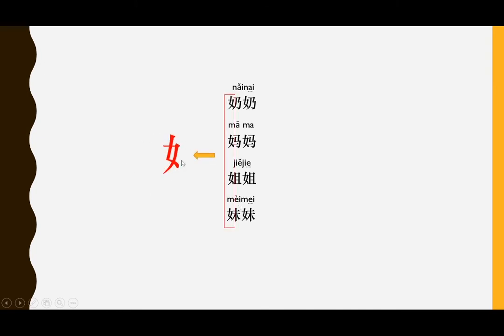Yes, which means female. That means all of them are female. And 姐姐 and 妹妹 because they're children, so they can be called 女儿. And from 奶奶's point of view, Mama can also be called 女儿.